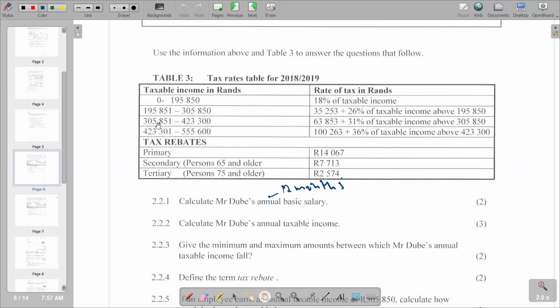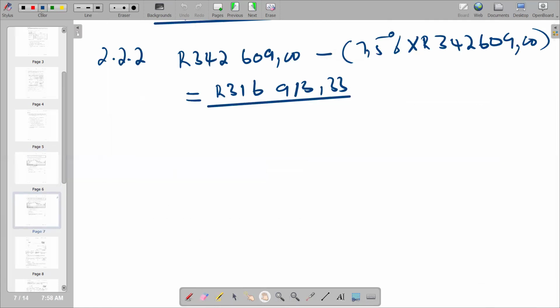We see that it is in this range that we have, 316,000. We have got 305,851 to 423,300. So we have just identified the minimum and the maximum. The minimum becomes 305,851, and then the maximum 423,300. So that's how we are going to present such.